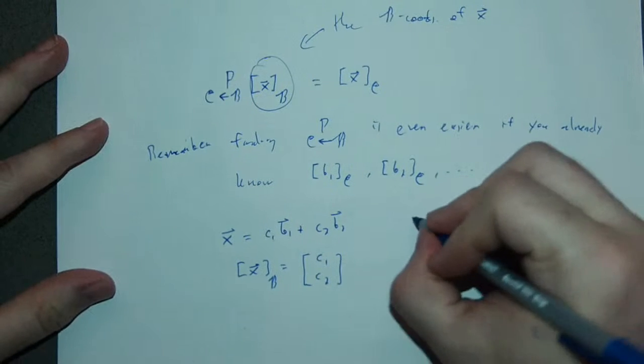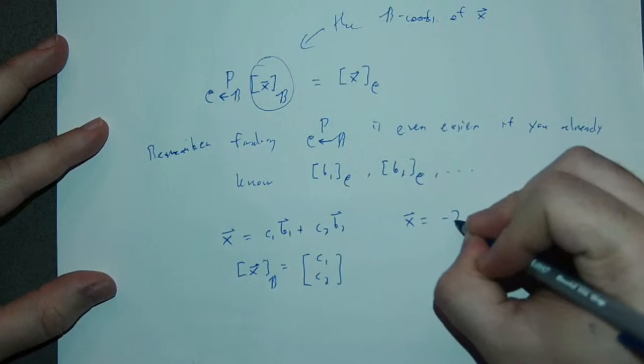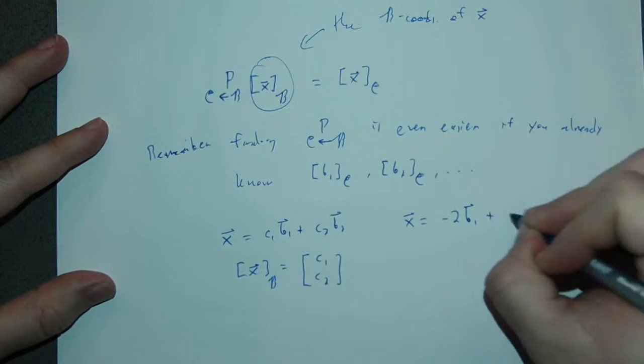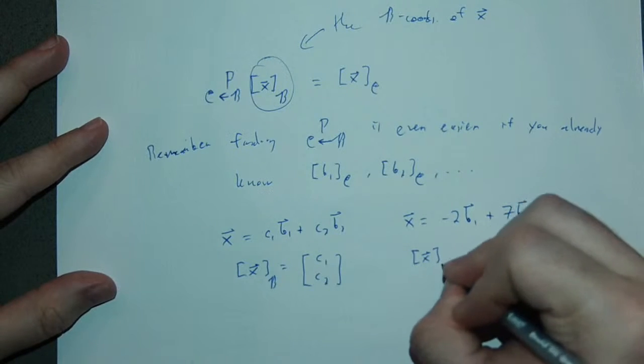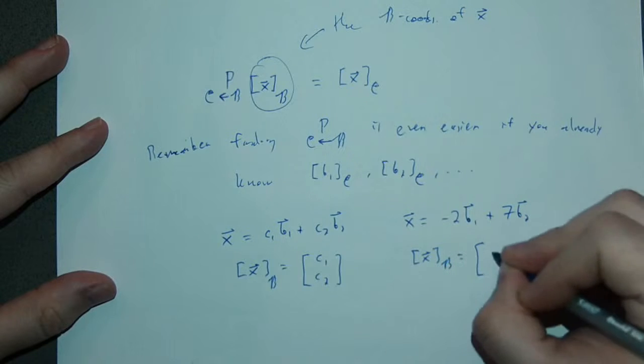So, for instance, if your vector X was minus 2 B1 plus 7 B2, then the B coordinates of X would be minus 2, 7.